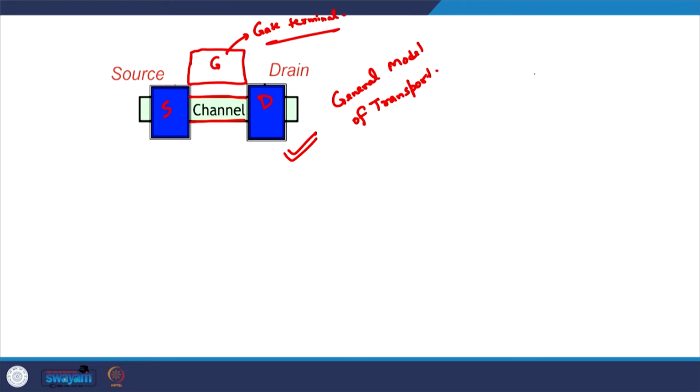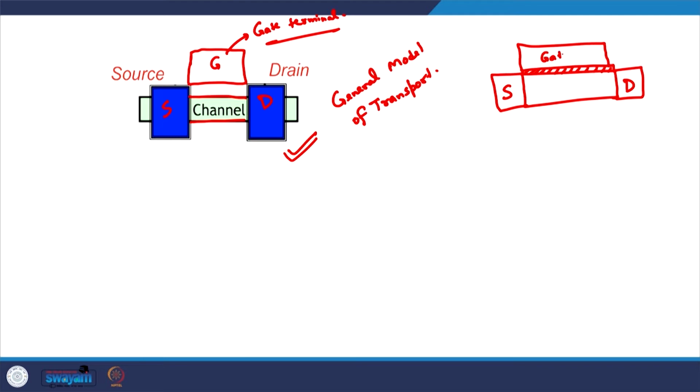More precisely, we have the channel, we have a source, we have a drain, we have a very thin insulator layer here, and on top of this we have the third contact known as the gate contact.